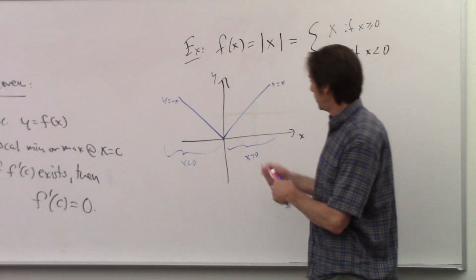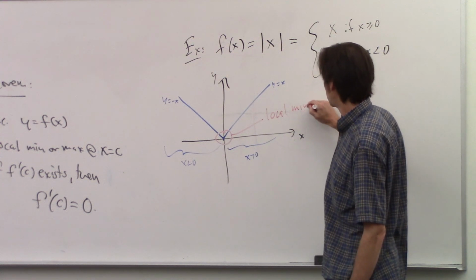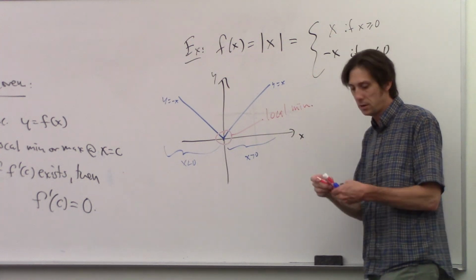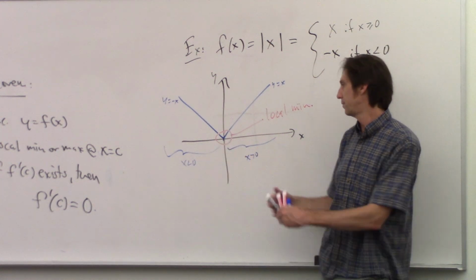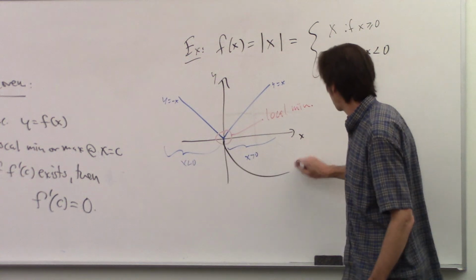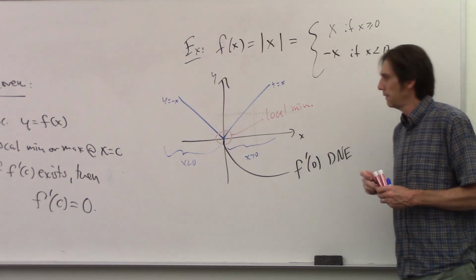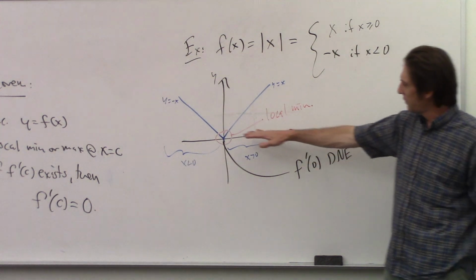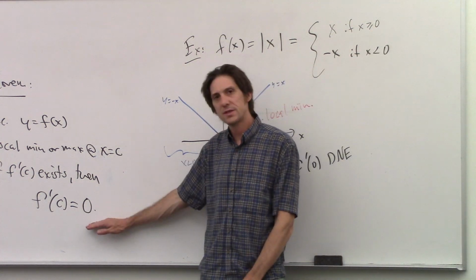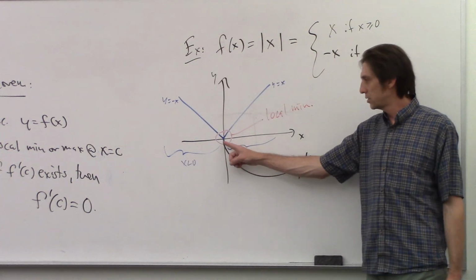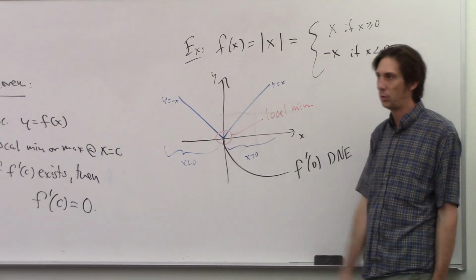And at the origin, right, I see a local min, which happens to also be an absolute min, but because of this sharp corner in the graph, f prime of 0 does not exist. Right, so when I'm trying to find local maxes and local mins, I should look for where the derivative equals 0, but I also have to pay attention to locations where the derivative doesn't exist, because I might have a corner, like in this example.